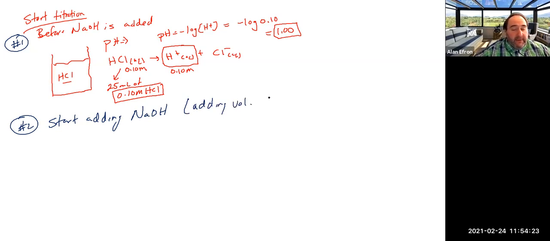Which means we do need to do an ICE table because there is going to be a chemical reaction that occurs. We also need to do that ICE table in terms of moles because we are adding volume, which means the molarity will change, but the moles will not change.